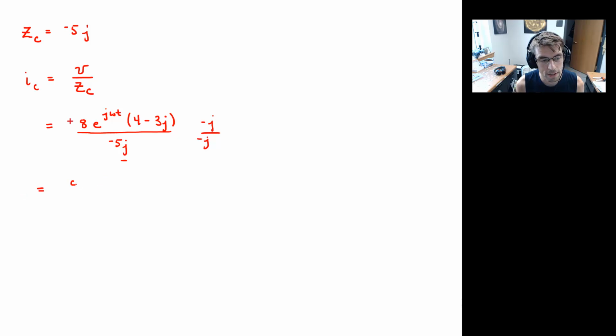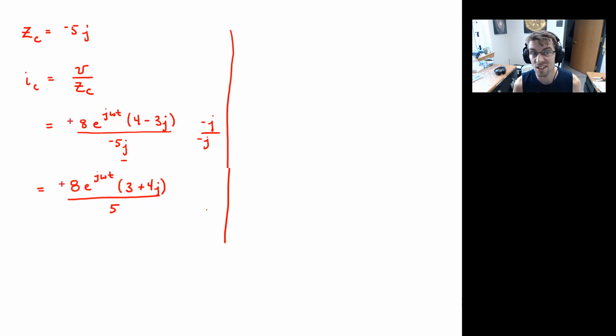We have something that says 8 e to the j omega t. And I have a 3j squared, j squared being negative 1, and I'll cancel with the negative 1 out front. So I just get 3 plus 4j, all divided by 5. Now we can finally throw out the imaginary parts, right? Let's get rid of the imaginary parts.